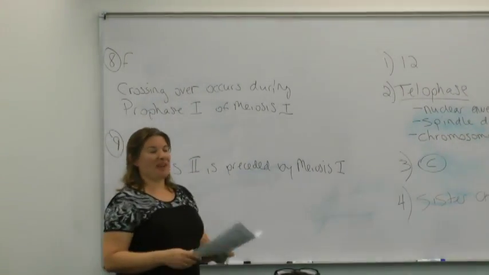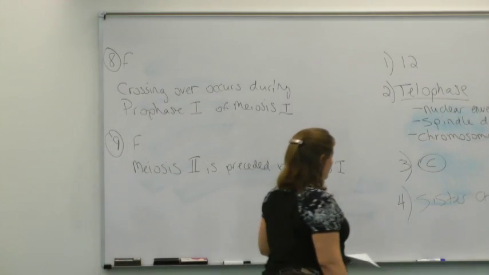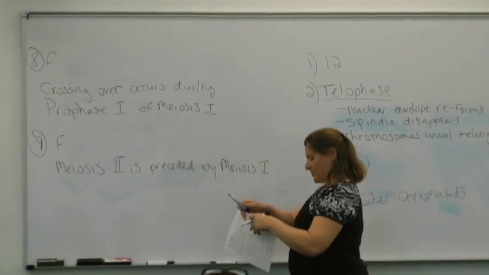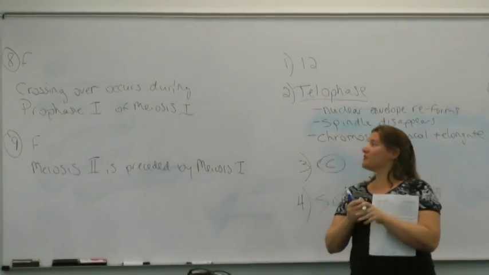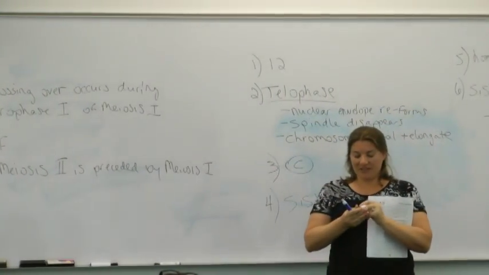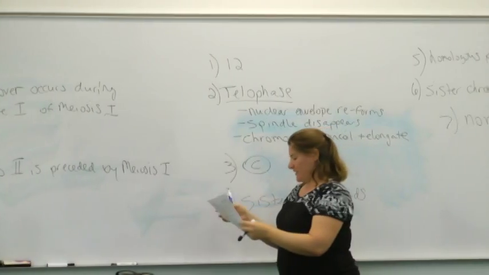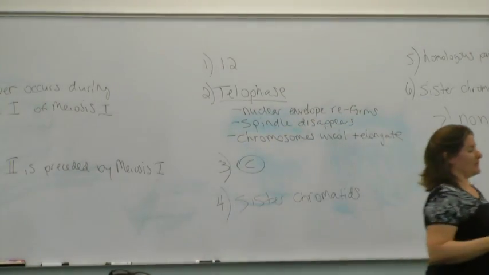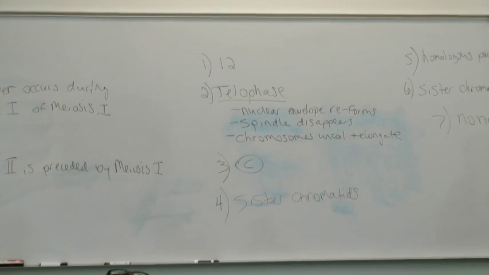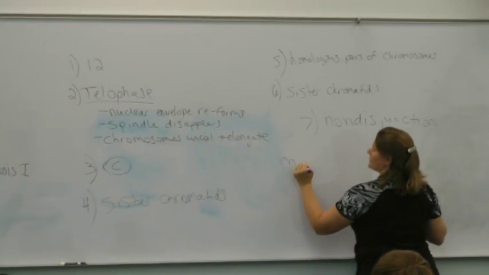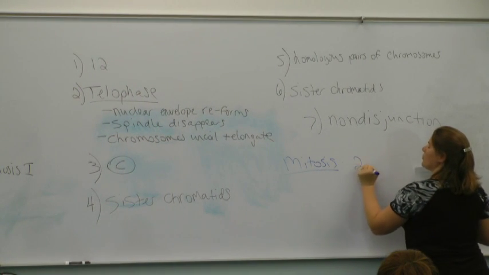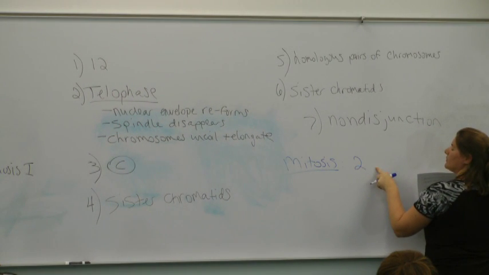And then number 10, we had already done that to start things off, didn't we? Okay? So let's just summarize that one more time. The difference between the end results of mitosis and meiosis, right? So mitosis makes 2 what kind of cells?